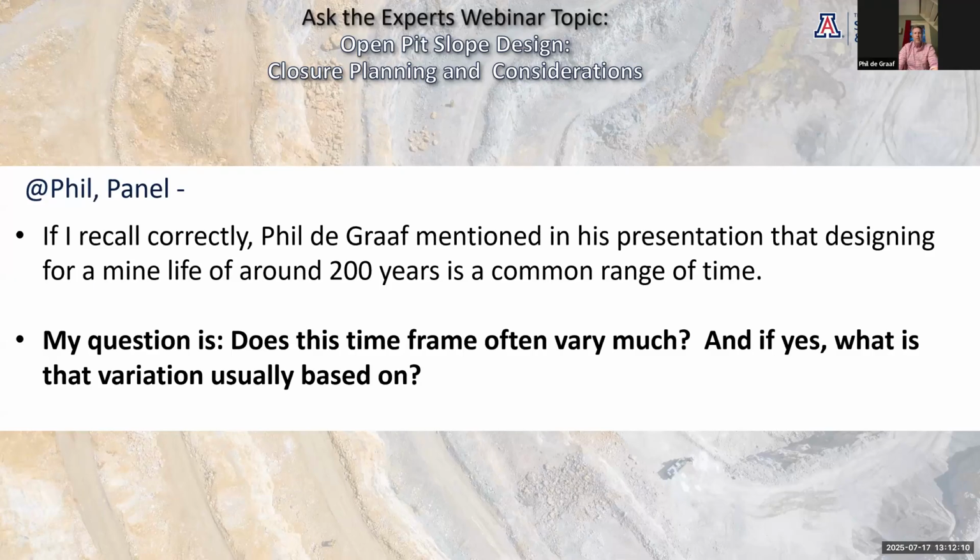If you're trying to design for a 500 or 1,000-year design life, that's well beyond any precedent that engineering has been able to predict to. And even numerical modeling extending out to those numbers becomes really quite fictitious or fanciful. So we've landed on 200 years as a number that is acceptable to other stakeholders, as well as having a good amount of reliability in your forward prediction of serviceability.